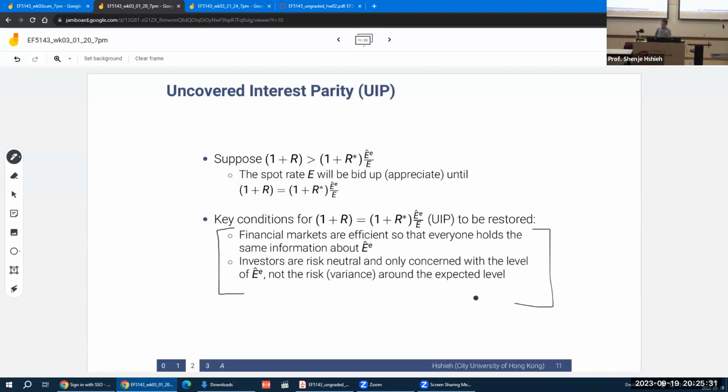Number one, financial markets are efficient so that everyone holds the same information about E hat E. Remember what I said, that E hat E is supposed to be a representation of everyone's beliefs about the future. If markets are efficient, or in other words, there is no distinction between private and public information, and the market somehow aggregates the universe of information, then on average, people should be fairly good at predicting the future.